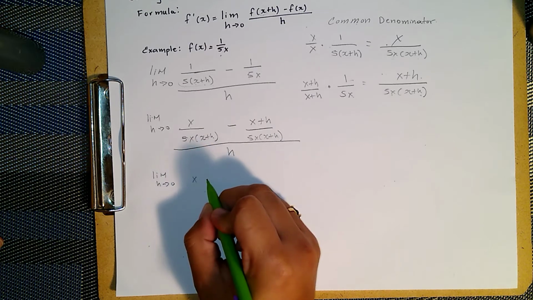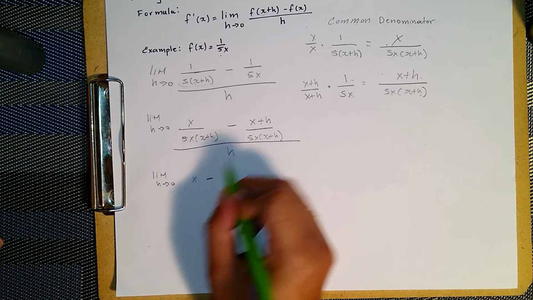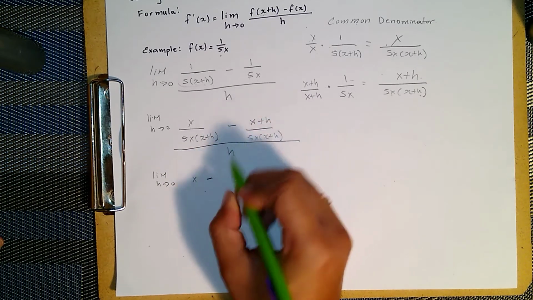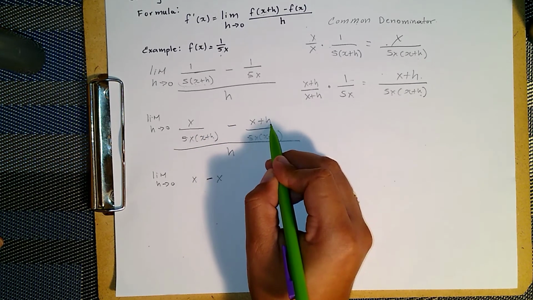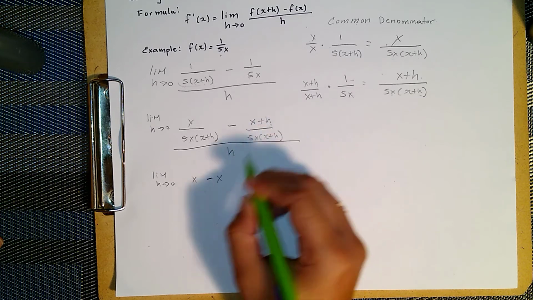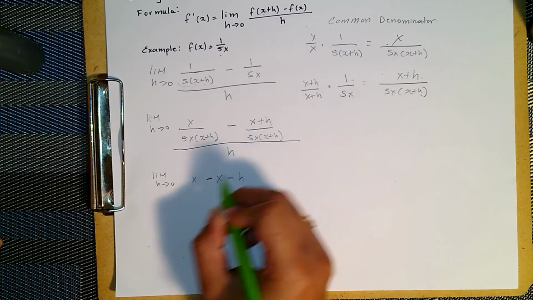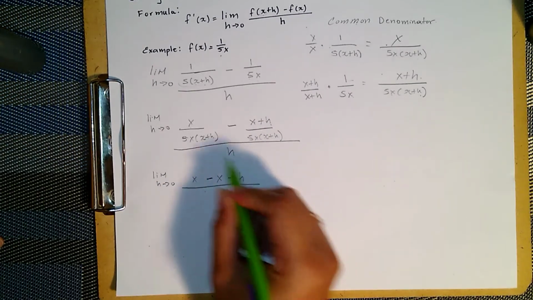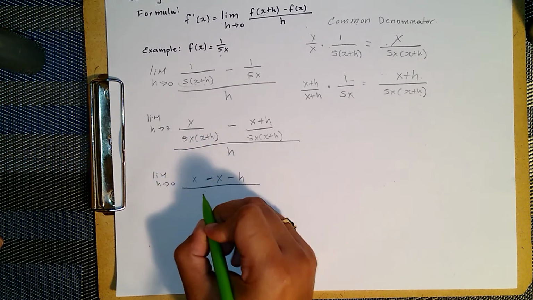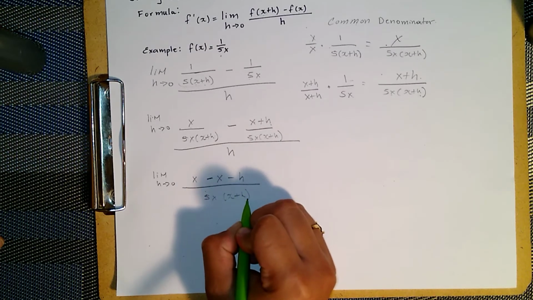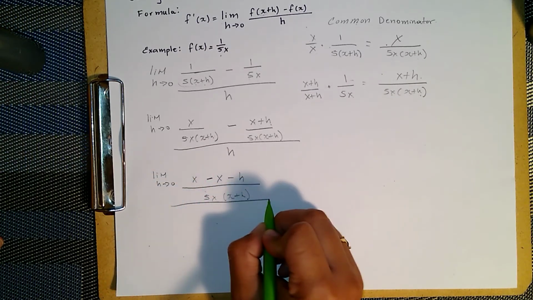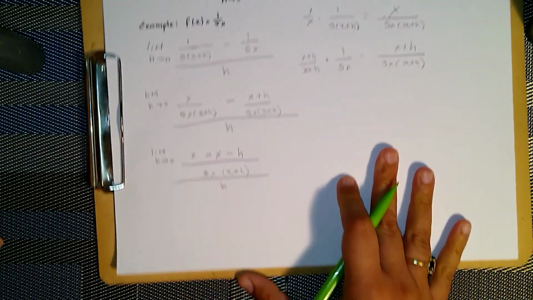It'll be x minus x, since negative times x is negative x. Negative times positive h is negative h. And our common denominator, 5x times x plus h, all over h.